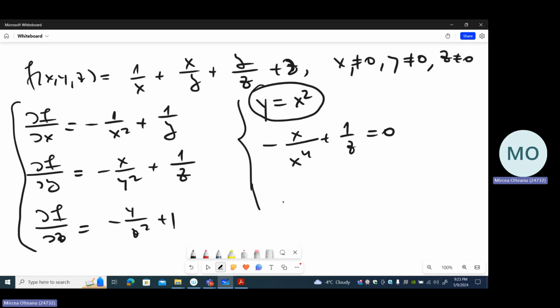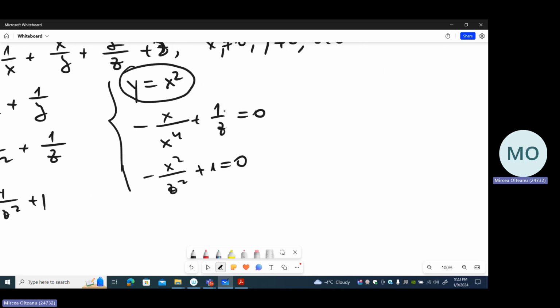And the last one, minus x squared over z squared plus 1 equals 0. Now here, of course, we simplify by x. And from here we get that z must be x to the 3.